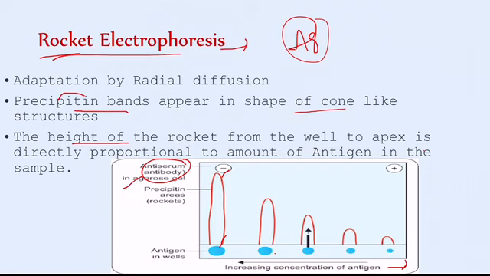Here the amount of antigen is less, and the concentration increases from here to here. So this rocket electrophoresis is mainly used for the quantitative estimation of antigens in the serum.